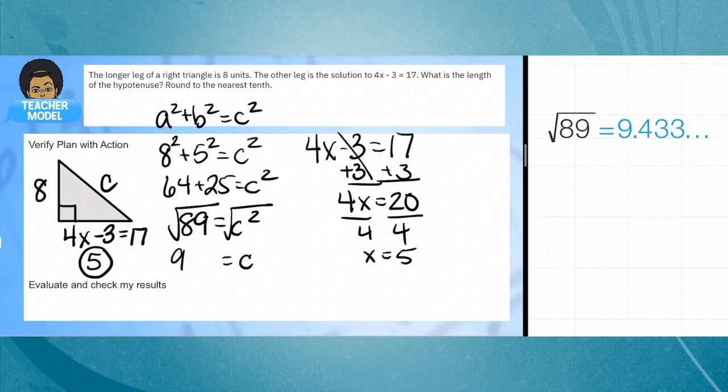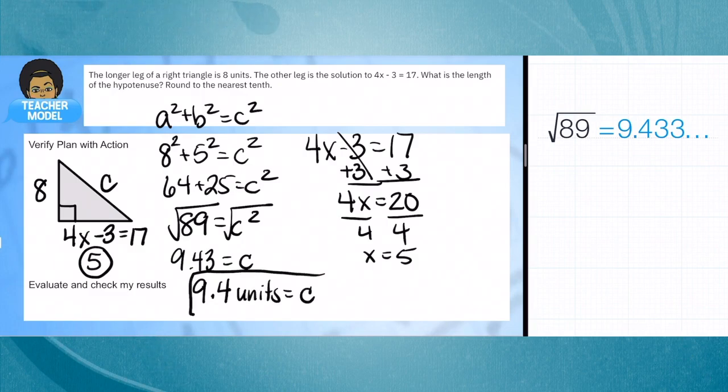That is equal to 9.433, and we're going to round that to the nearest tenth, so 9.4 units. And there's our final answer, math marbles. Hit pause so you can jot this down into your notes.